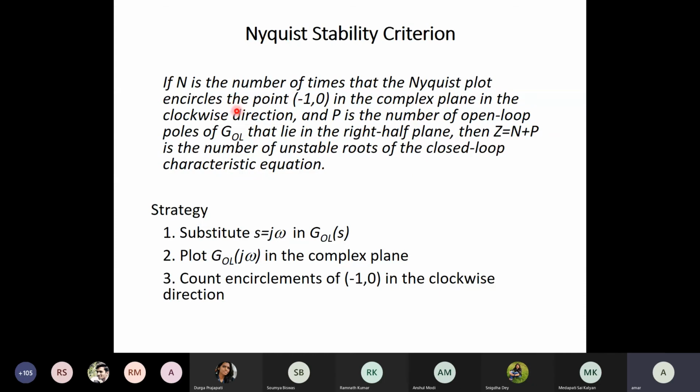That's why in the complex domain the point is minus 1, 0. In a Nyquist plot, that point is important because it basically gives you the stability. So if the Nyquist plot encircles the minus 1, 0 point, then the system becomes unstable.